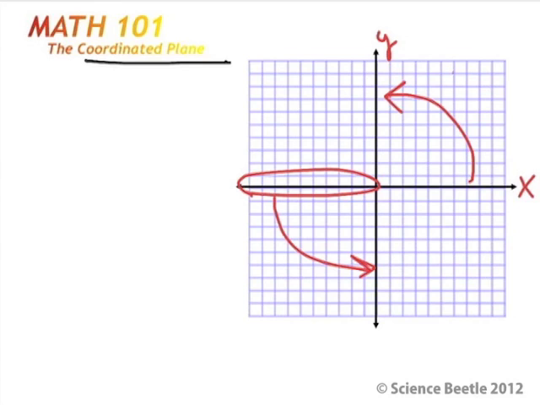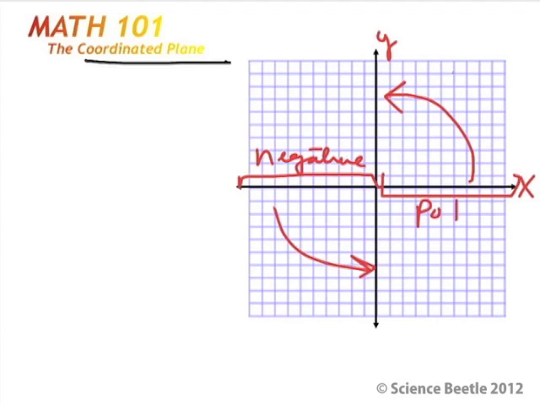If we were to do that, where do you think the positive and the negative numbers would lie? Well, if you remember from the x-axis, these numbers over here on this side are going to be negative, and the numbers over here on the right side are going to be positive.